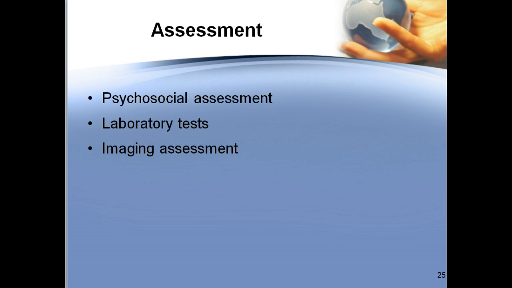Because a lot of times, if they do have it, they probably will not. You also may want to do an imaging assessment, and when you do the CT or the MRI, you're scanning particularly to see if there are any tumors or anything prominent on the gland.